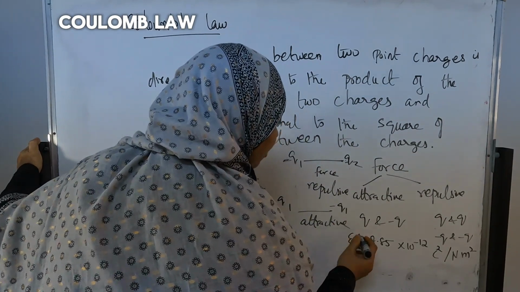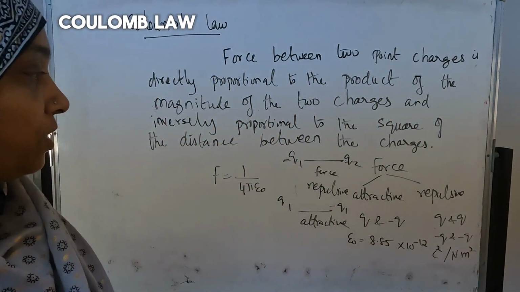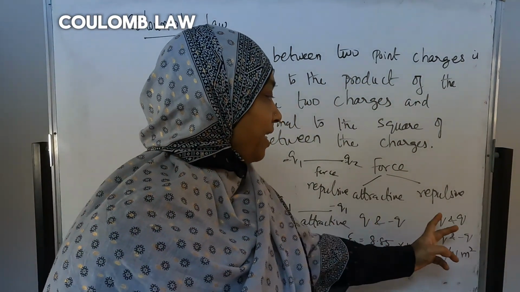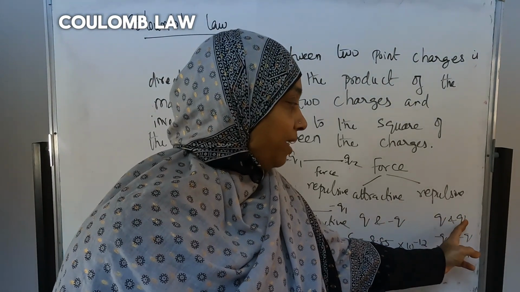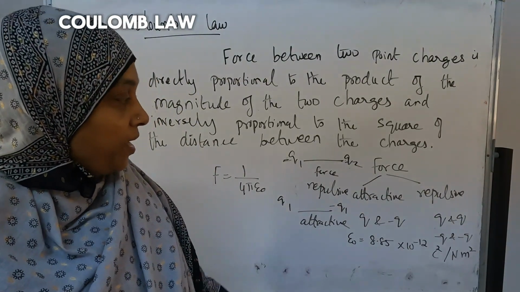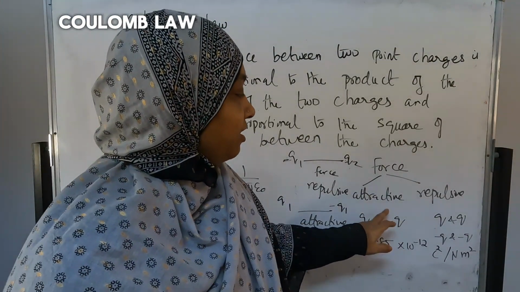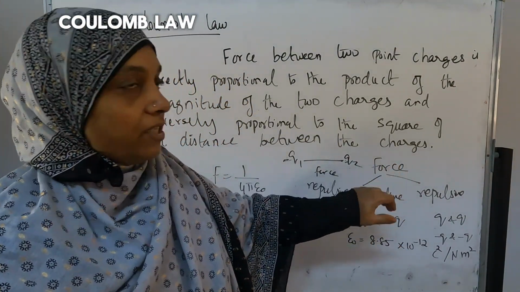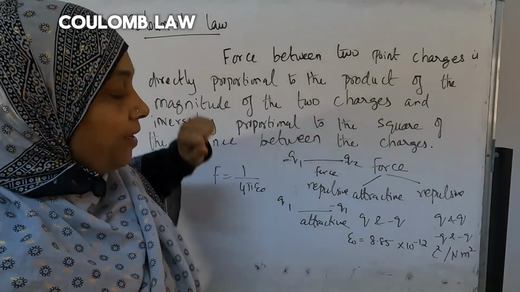So the same signs, plus-plus or minus-minus, will repel each other, and plus and minus will attract each other. This is the concept of Coulomb's law.